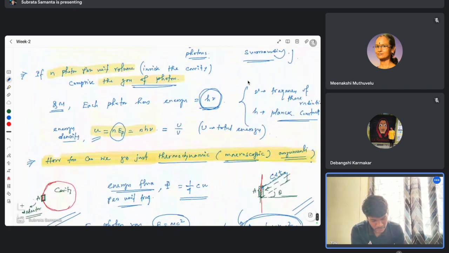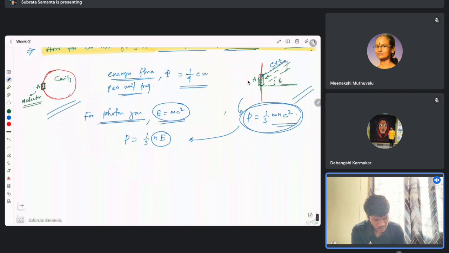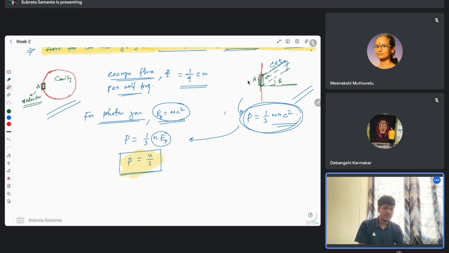So now we see that the energy density U equals n times E_p. So this is the number of photons times the energy of each photon. So this is just U by 3. So for photon gas, the pressure is 1/3 of the energy density. Pressure is U by 3.